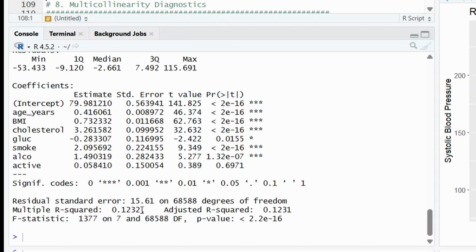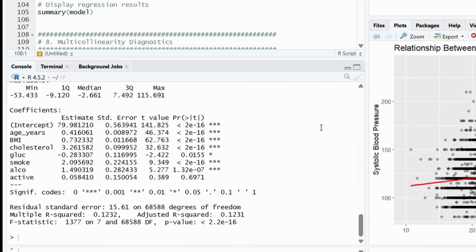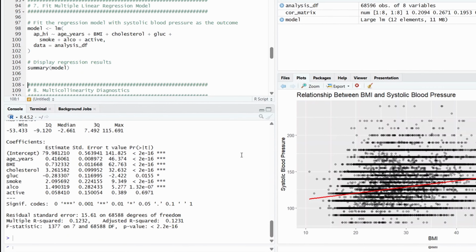The F statistic is extremely significant, indicating that the model as a whole provides a better prediction than having no predictors at all. In short, this analysis shows that age, BMI, cholesterol, smoking, and alcohol use are important factors related to systolic blood pressure, but much of the variability is still influenced by factors not included in our dataset. This is typical for real-world health data.